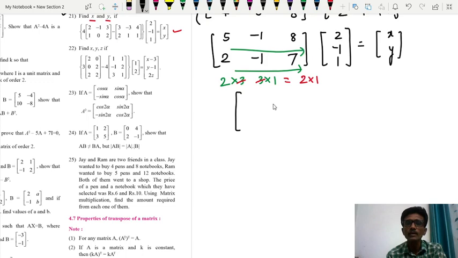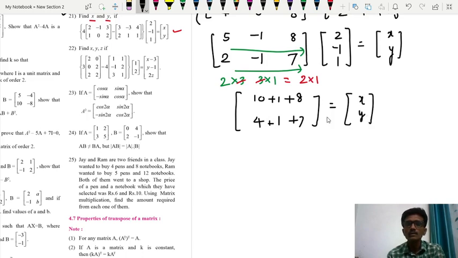First row into column, that is 10 plus 1 plus 8. Then second row into column, that is 4, 1 and 7, which is equal to xy.